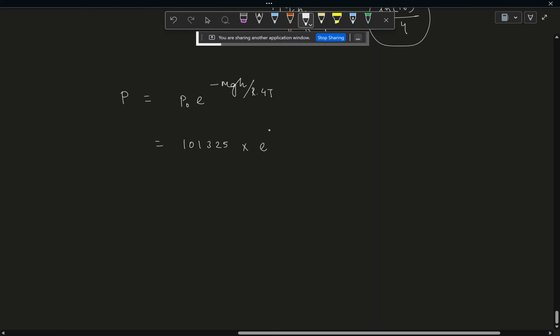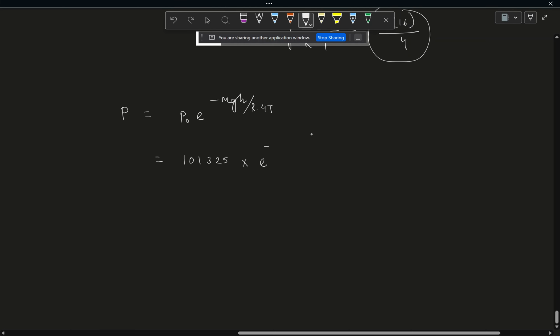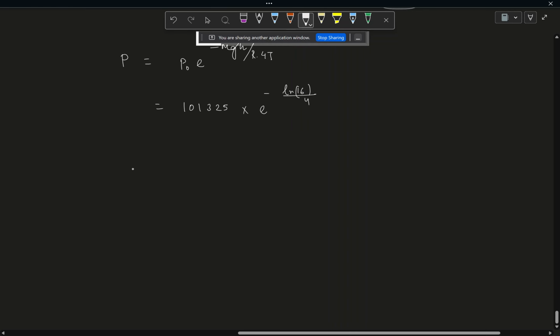You put that value, and then e to the power of minus this value is already calculated as ln 16 by 4. So either you can directly use your calculator to solve that, or you know how ln terms work, so you can simplify it yourself: ln of 16 divided by 4 means 1/4 into ln 16, which is basically ln of 16 to the power of 1/4, right?